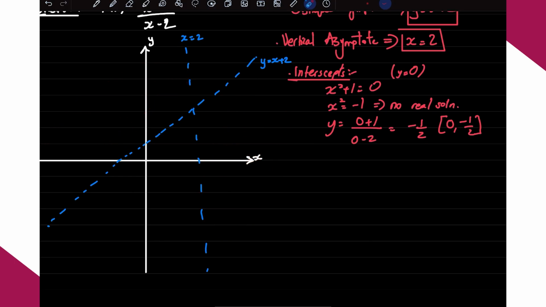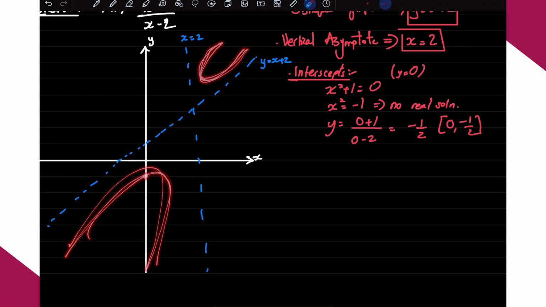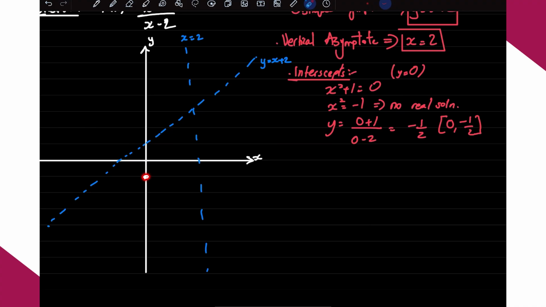So the only logical possible path is going to be, if the asymptote's here, the curve looks like this, because these are going to be spitting images. It's either here, here, here, here, or that's pretty much it. So it's going to be either one. So in this case, this one makes more sense. So what you could do is you could still find the turning points.